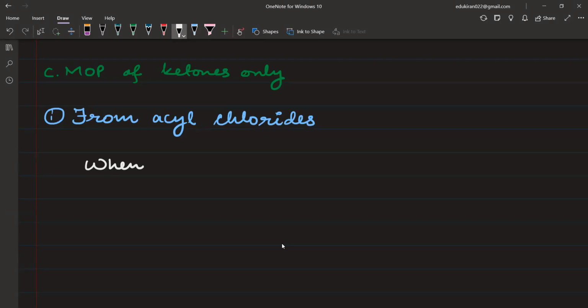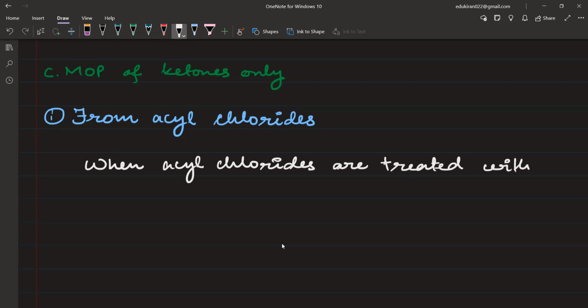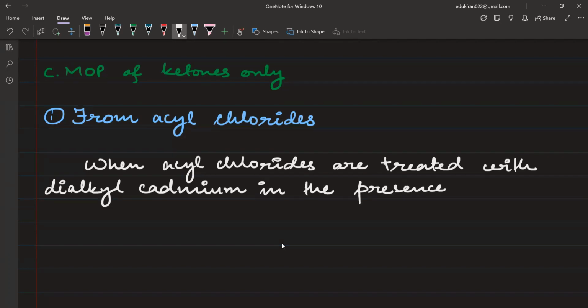When acyl chlorides are treated with dialkyl cadmium in the presence of dry ether, they form ketones.